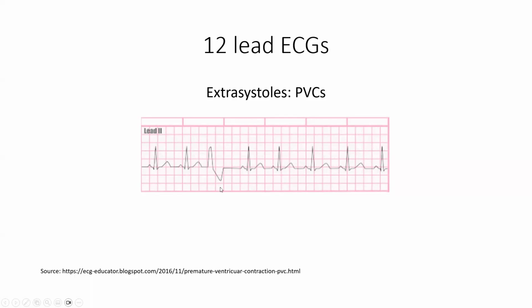So someone might have PVCs every other beat. Their heart rate is normally 70 beats a minute, but because the PVCs aren't perfusing, it's being registered as 35 beats a minute. Again, if patients are asymptomatic, that's not a big deal. That's something that can be treated in the outpatient setting.